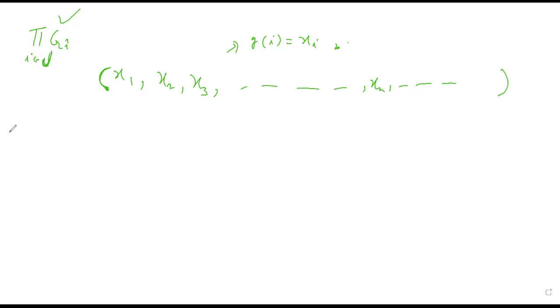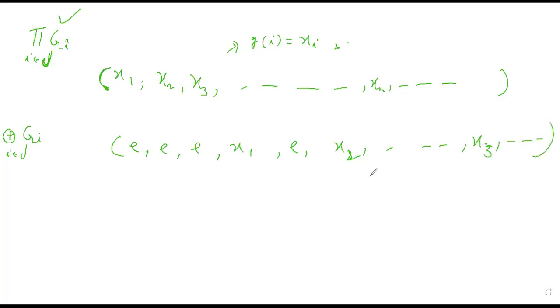Now, what will happen when you consider the weak product? Its elements will look like this. You will have identity at all the places, and then you have x1, x2, x3, something like this. So at all the places identity will be there except at finitely many places.